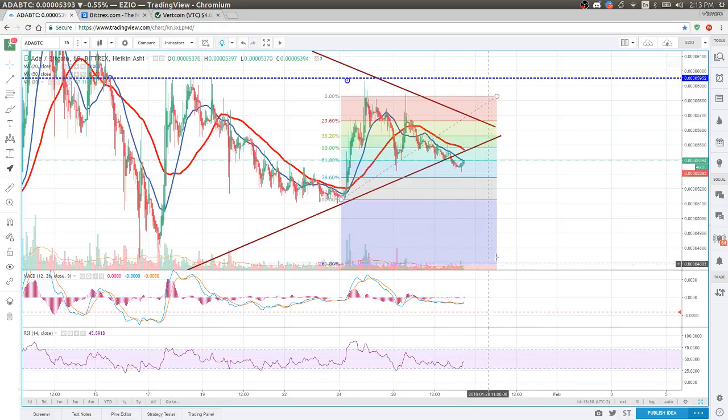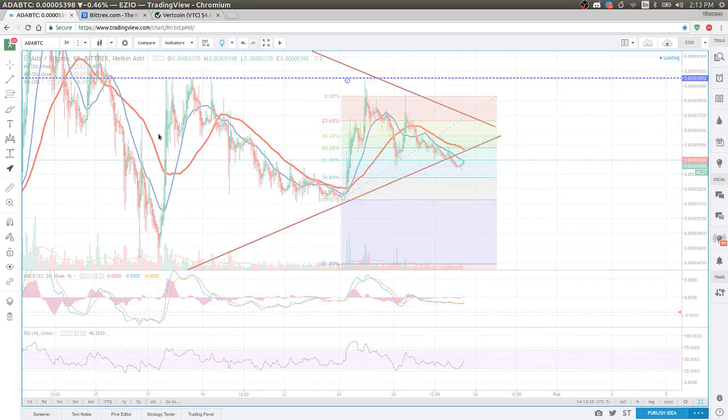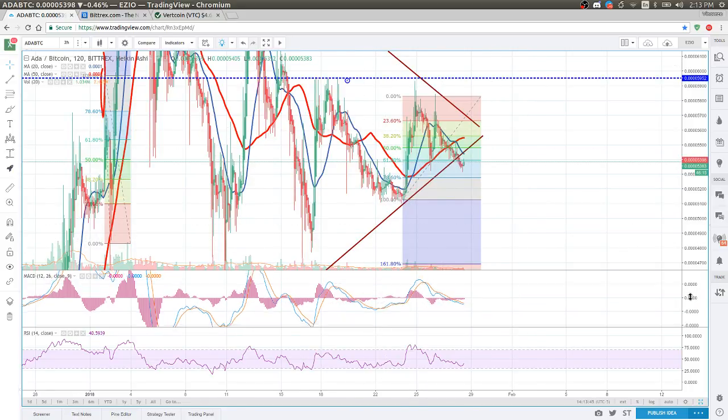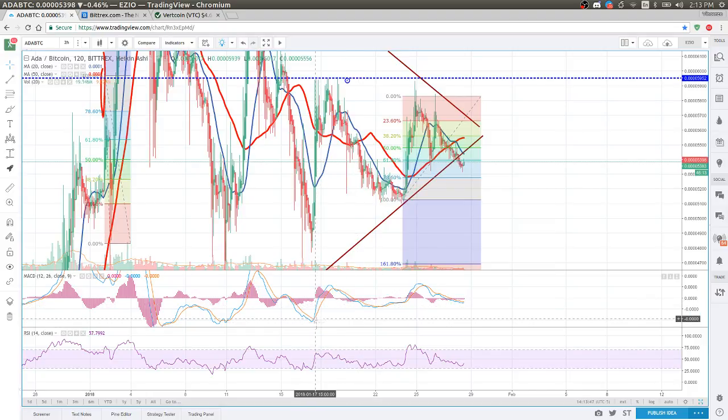Volume is not picking up. RSI, MACD, to be honest, they look good at the moment. Let's go check the 2-hour chart. Even better. But look how low RSI and MACD can go on ADA. It can go really low.